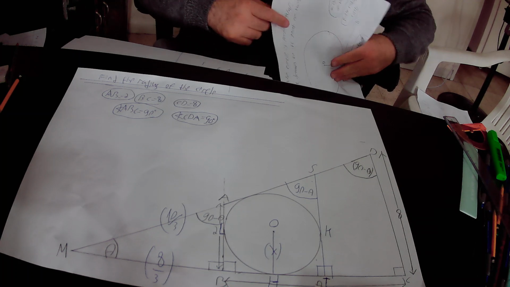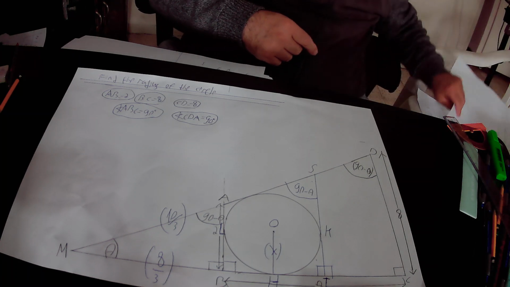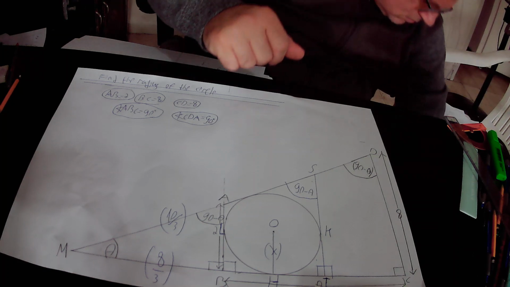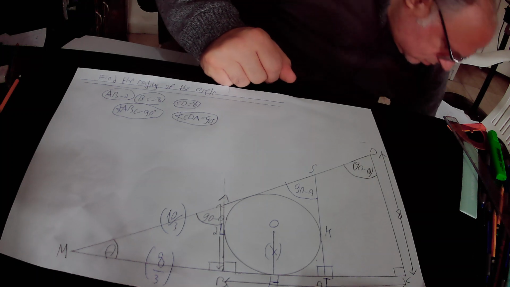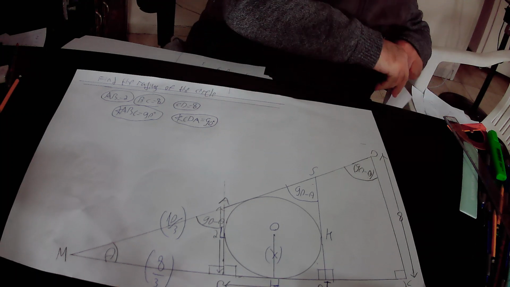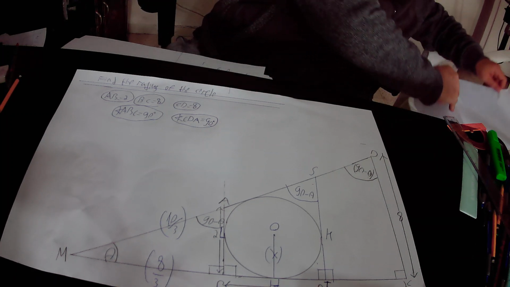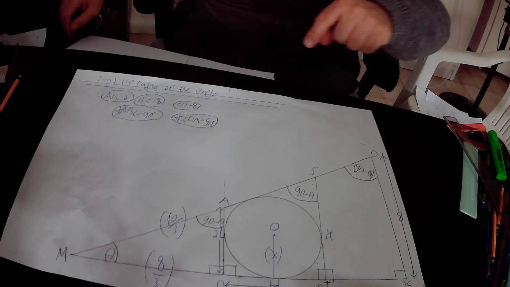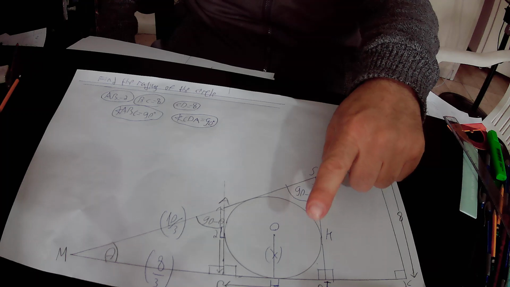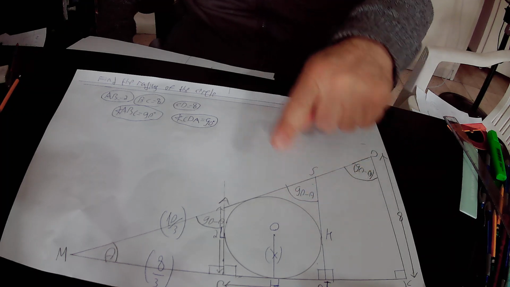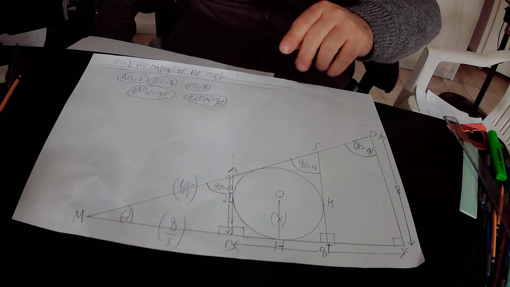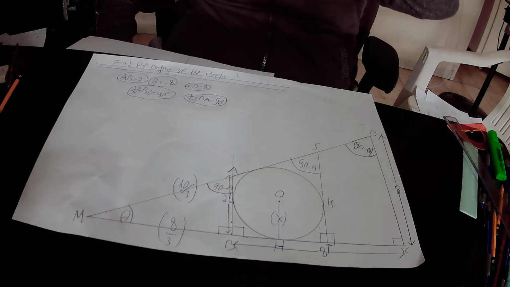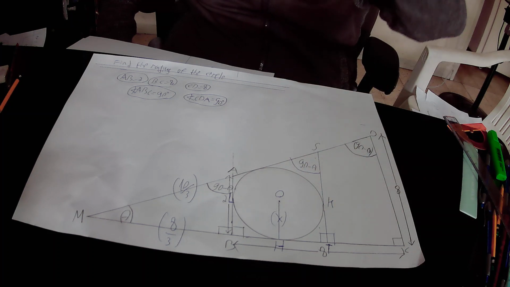Why? Because in our drawing, we have the radius OH that is drawn to point H. Again, the radius OH is drawn to point H, that is the point of tangency of tangent BT with this circle.